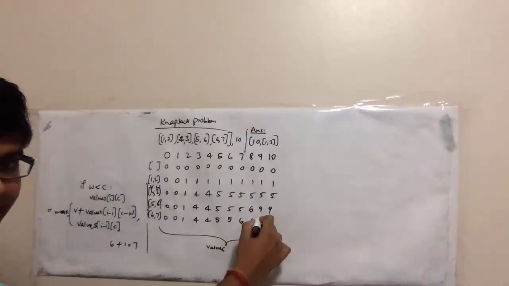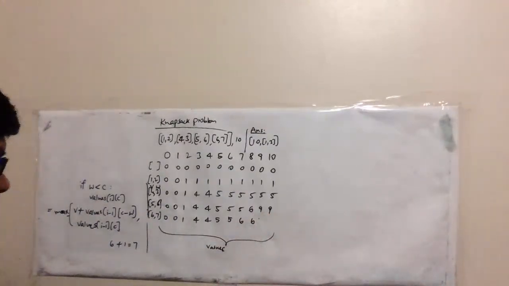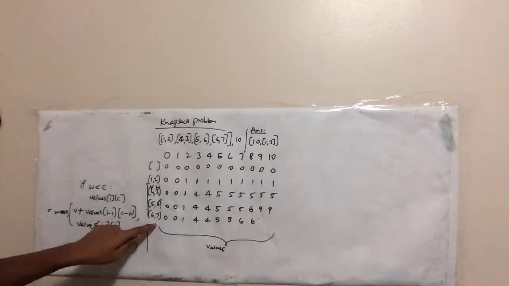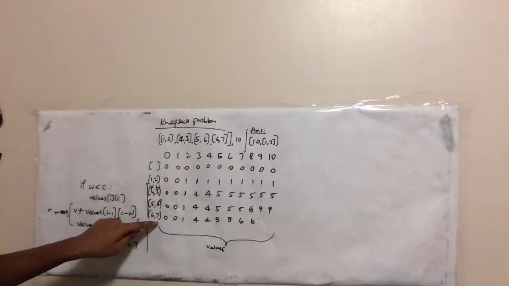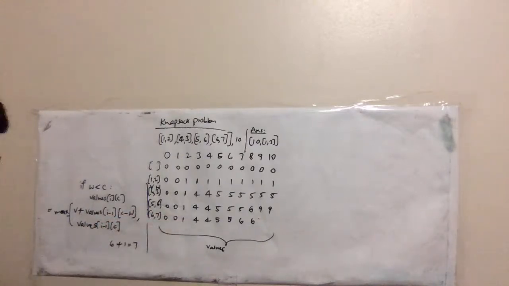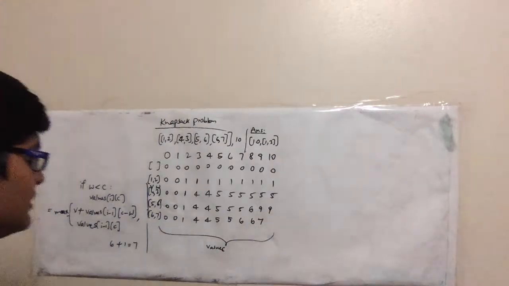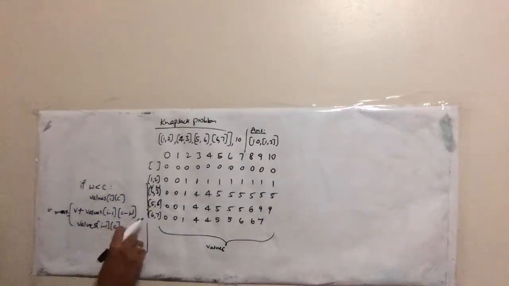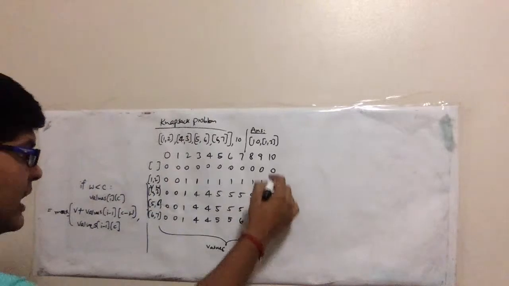I assume I did this correctly, but double checking. 9 minus 7 is 2, which is giving a value of 1, which is going to give 7. Okay, I will check this. And what about the final one? So we have the 10.